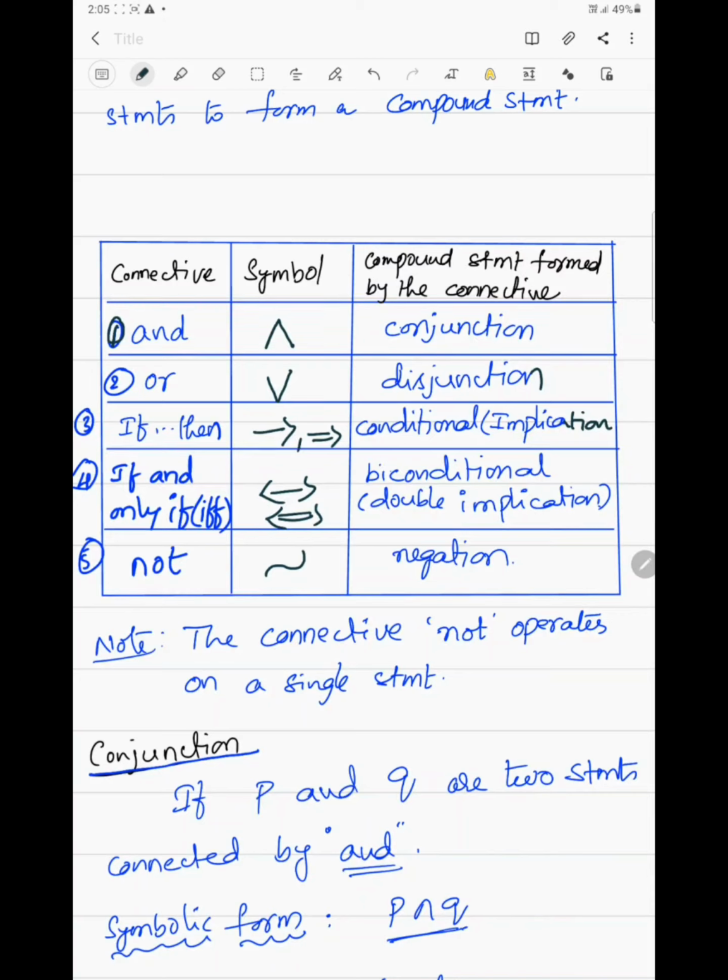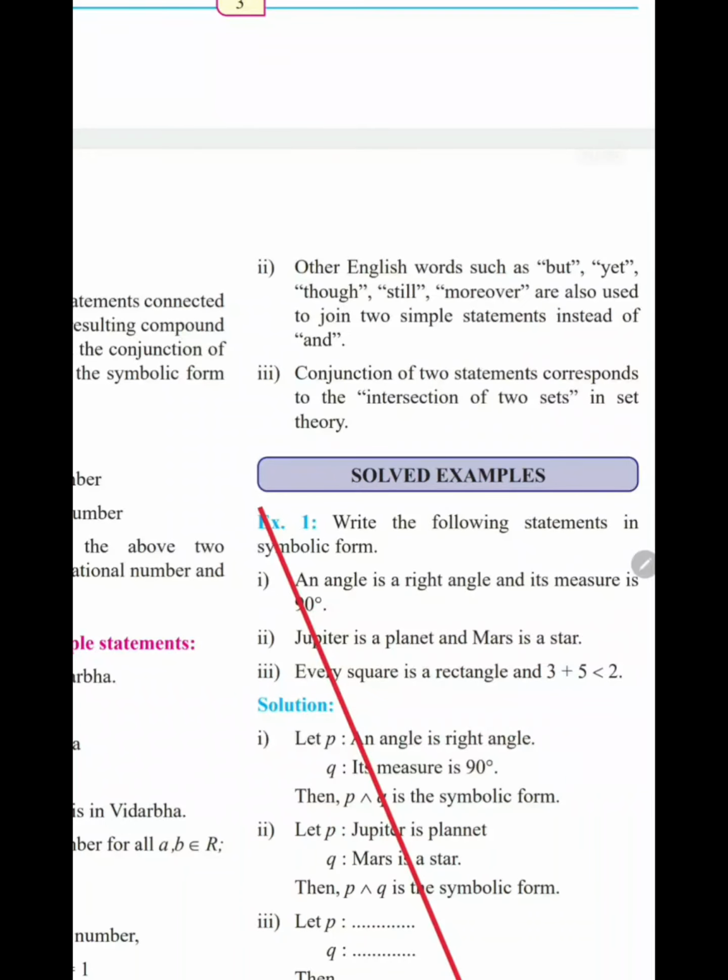Okay? Here we need to remember one more thing: we have some substitutes for and, that is, for conjunction. The remaining cases use only the given words, but only for conjunction we have some substitutes.